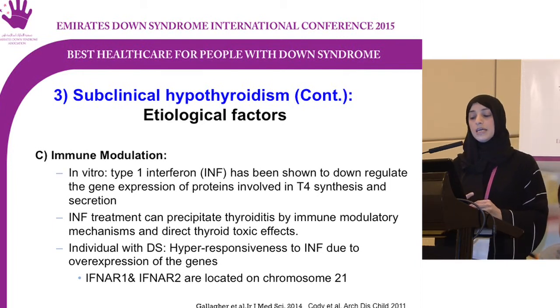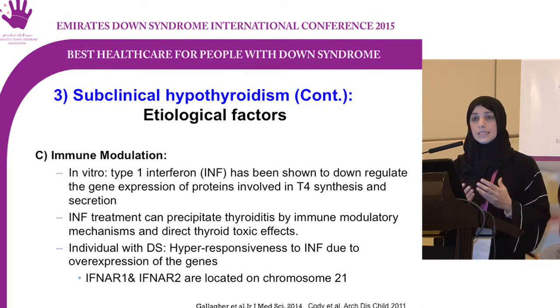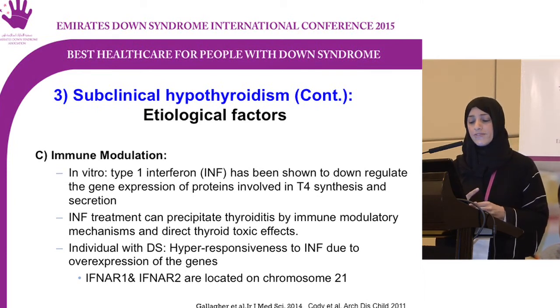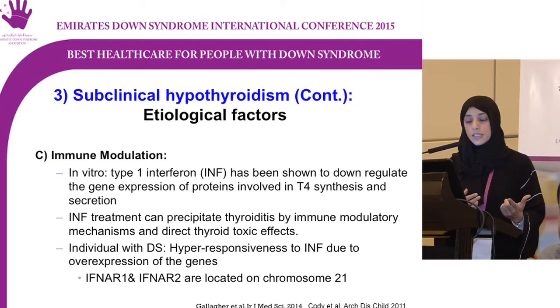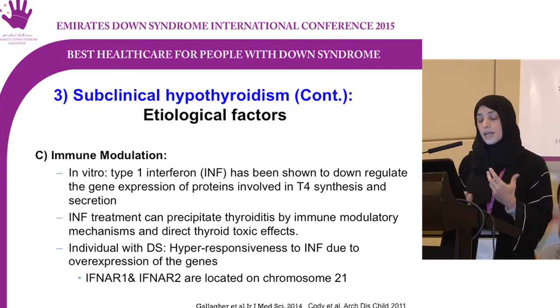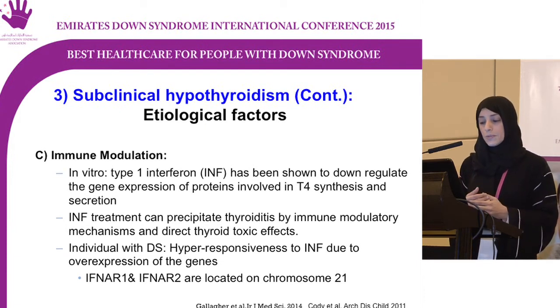Interferon alpha, especially type 1, has been shown to regulate the synthesis and the secretion of thyroid hormone. With the introduction of immune modulation, including IFN alpha, they noticed that a lot of patients who had been on this treatment developed thyroid problems. So they tried to link why kids with Down syndrome might have thyroid problems.